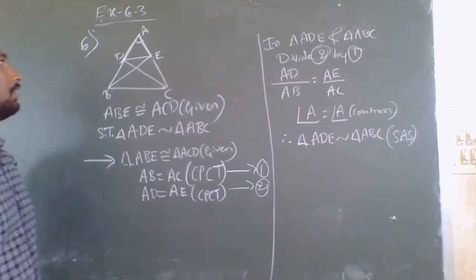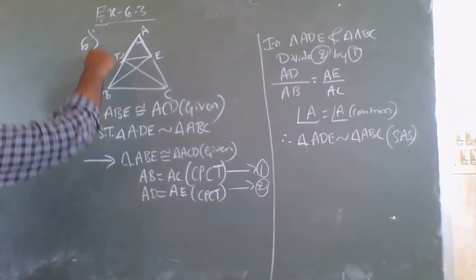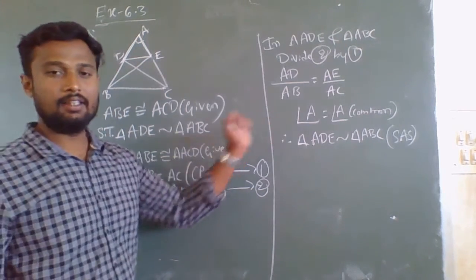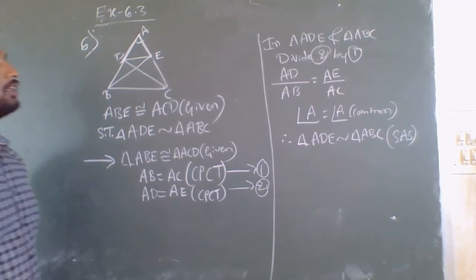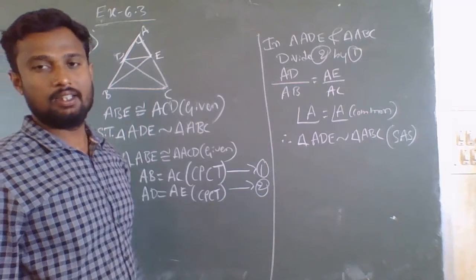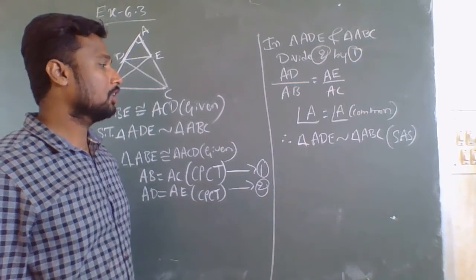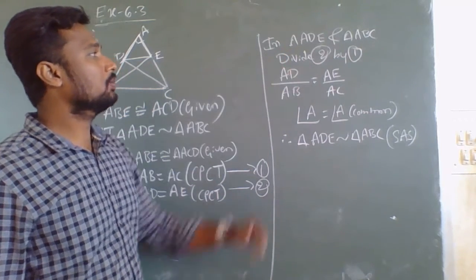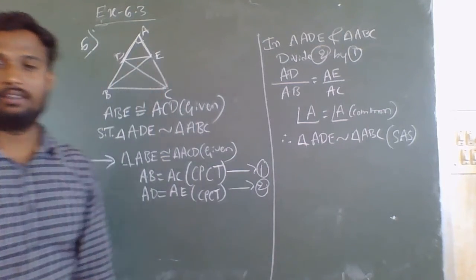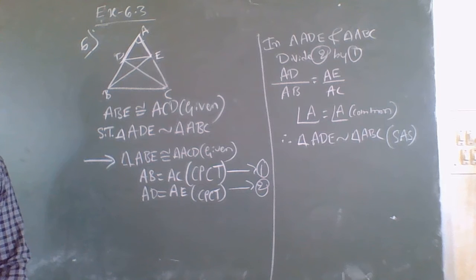And angle A is common. Therefore, two sides are proportional and one angle is equal, so these two triangles are similar by side angle side. This is the sixth one. Now I will move to the seventh problem.